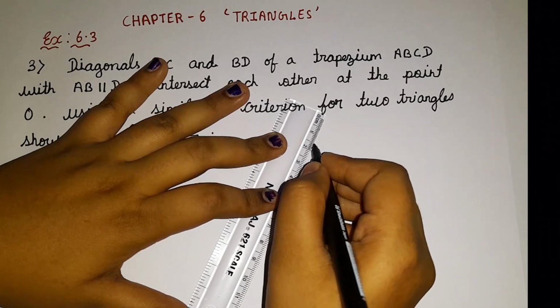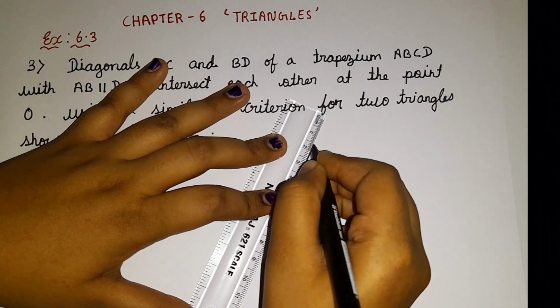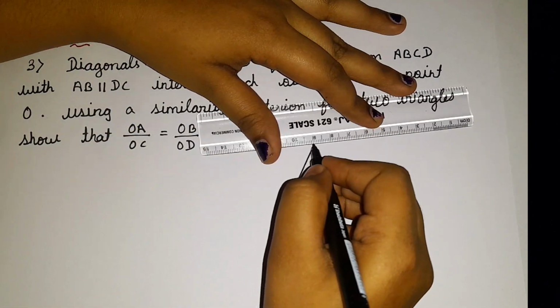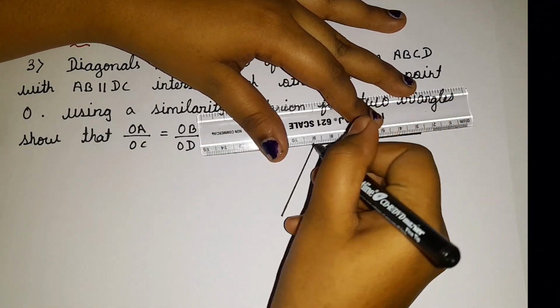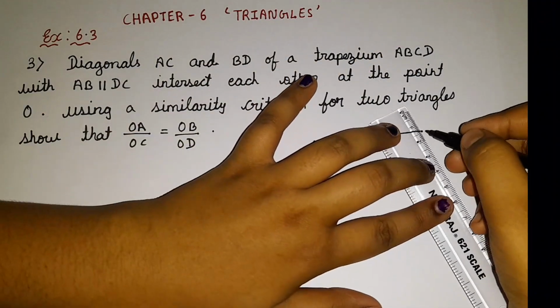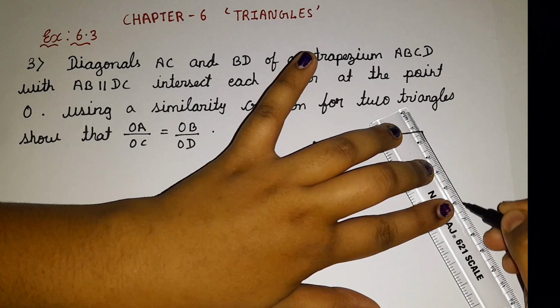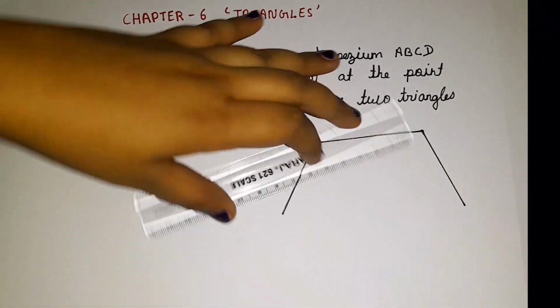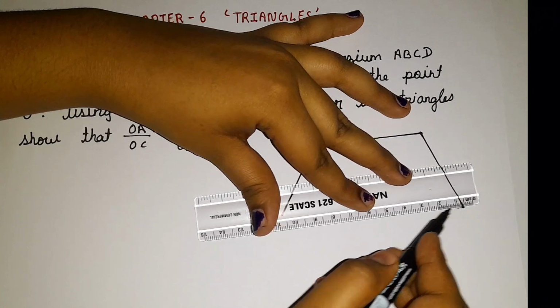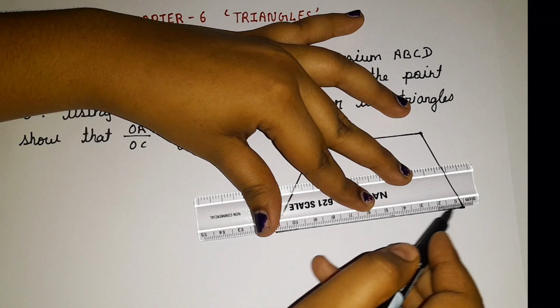So here, we are supposed to draw something like this. So trapezium is a quadrilateral, which has four sides. I am repeating it again and again so that you should not forget. Alright guys, I just drew a trapezium.